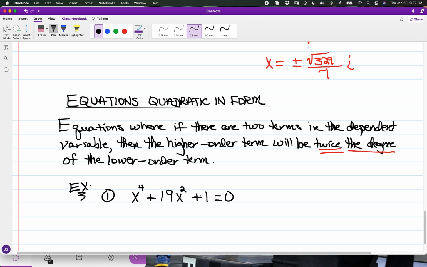So you have x to the fourth plus 19x squared plus 1 is equal to 0. And we have two terms in the variable x. Higher order we have at 4, lower order we have at 2. And guess what? We have a 4 to 2 ratio. 4 over 2 is equal to 2. And we can say that this equation is going to be quadratic in x squared. In other words, quadratic in the lower order variable factor.